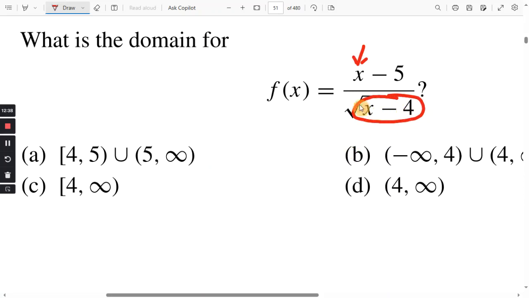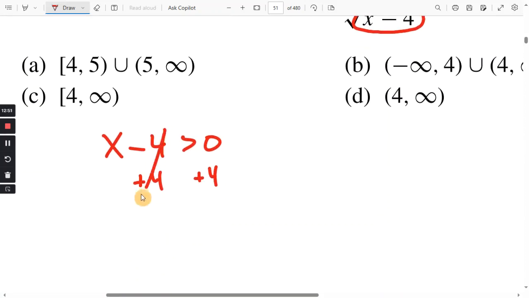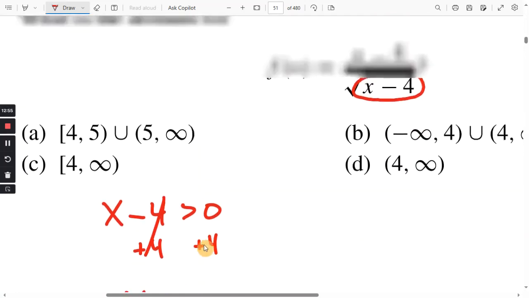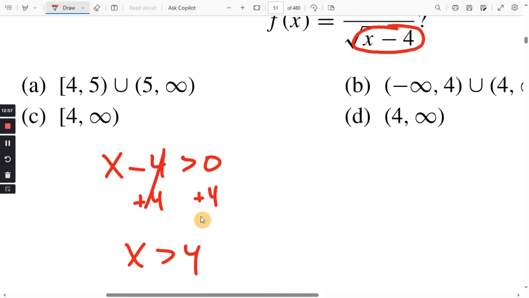It cannot equal 0 because it's in the denominator. So x minus 4 has to be greater than 0. If you do plus 4 on both sides, it cancels, and x is greater than 4. That's your only restriction. The numerator's okay.